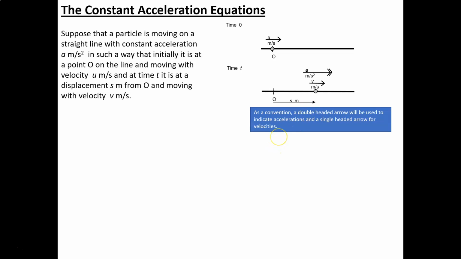As a convention, a double-headed arrow will be used to indicate accelerations and a single-headed arrow for velocities. s is just the displacement.